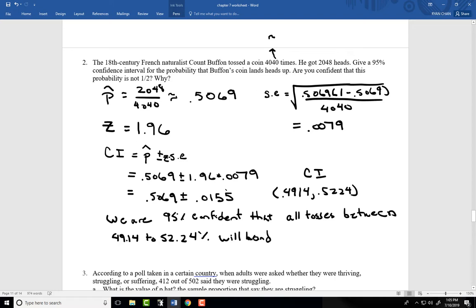So let's talk about what we want in our sentence. We want the percent confident, the entire population, your confidence interval, and then what you're trying to find. Hopefully that clears things up.